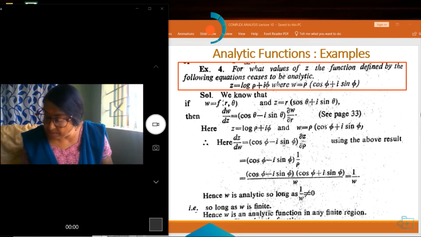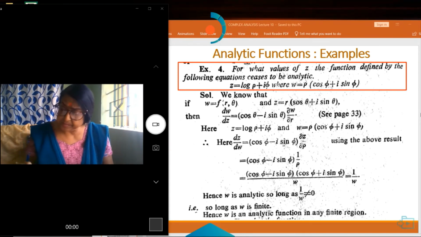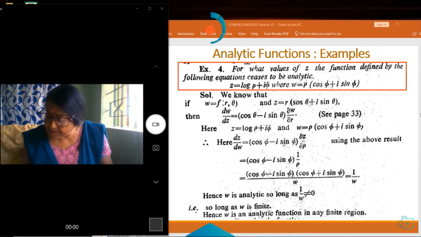So dw/dz is calculated using polar form, and that is equal to (cos θ - i sin θ) ∂w/∂r. Again, z is equal to log of w plus whatever is written on your screen.